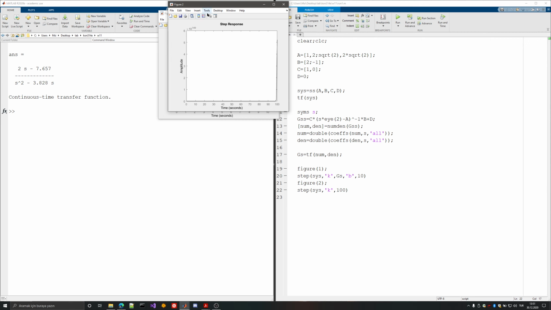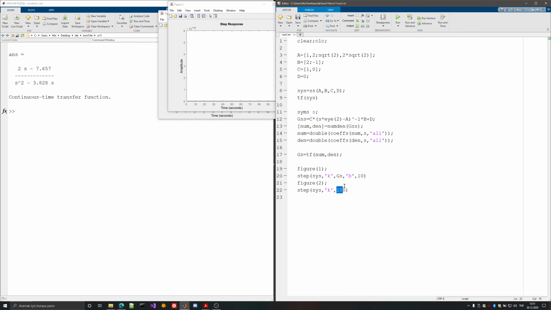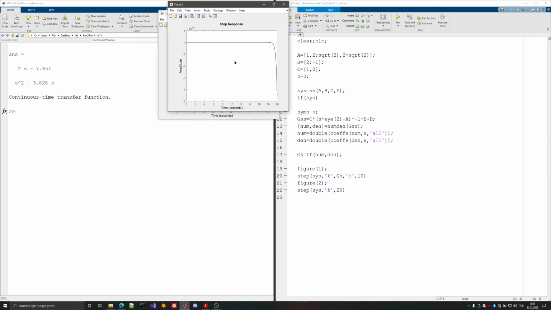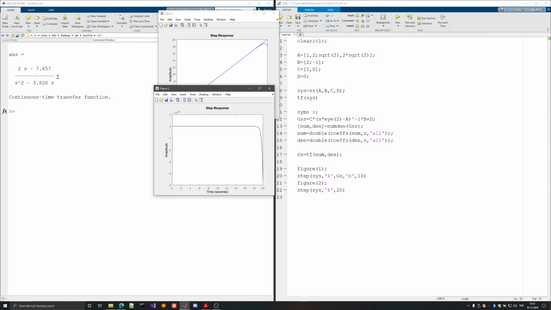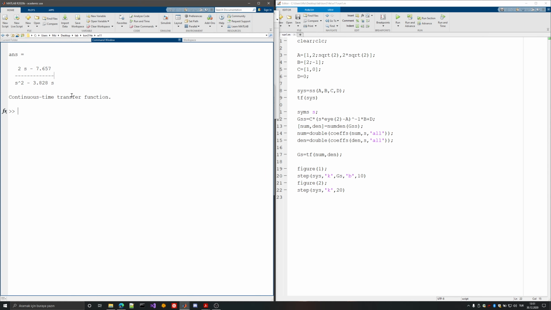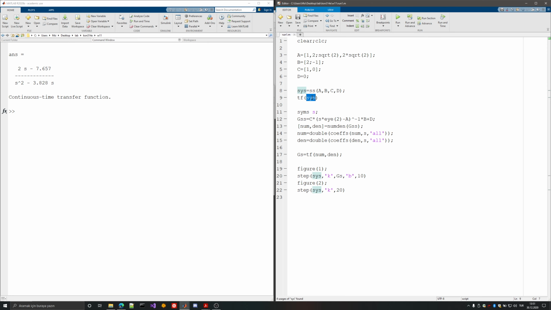Let's see if we can zoom in a little bit. Actually, it's not possible. I shouldn't even attempt that. Maybe 20 seconds will show me what's really happening. Well, basically it's not working because this is not the model that I have. And if you want to see why, let's see if we can convert it back.